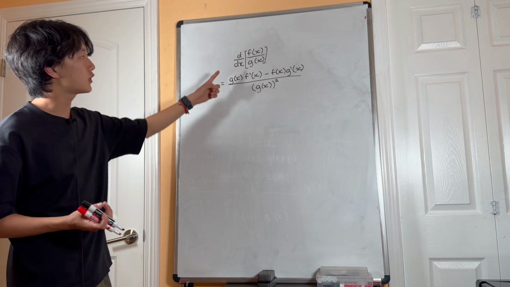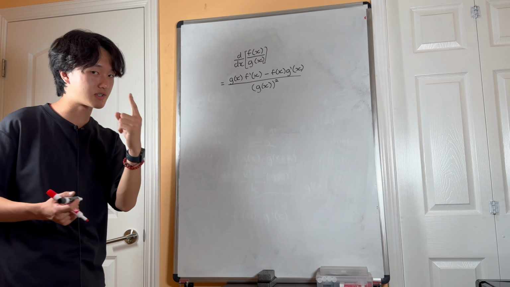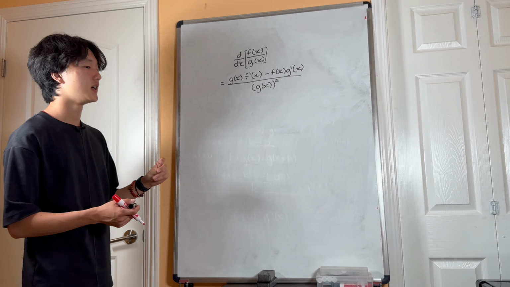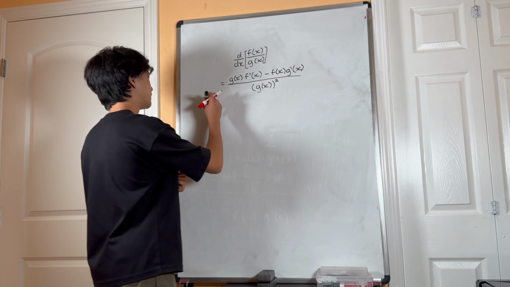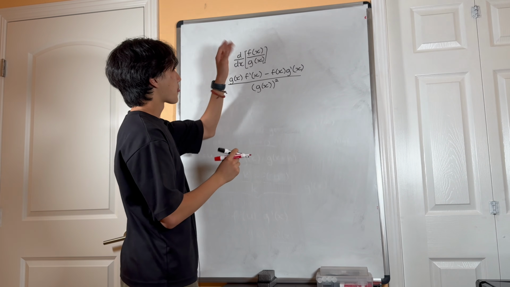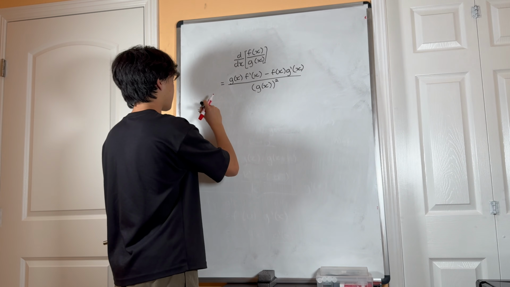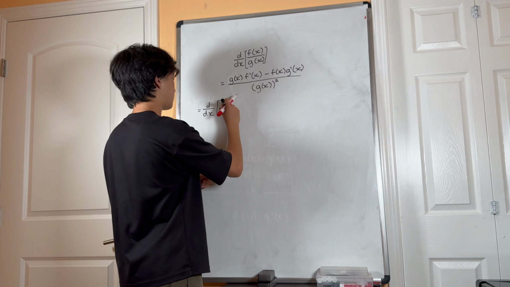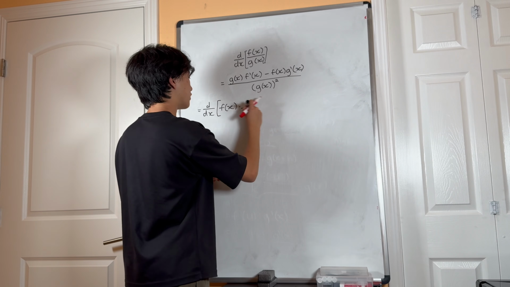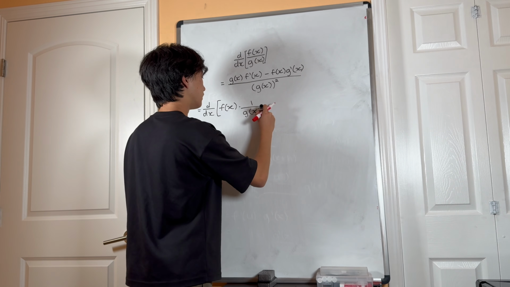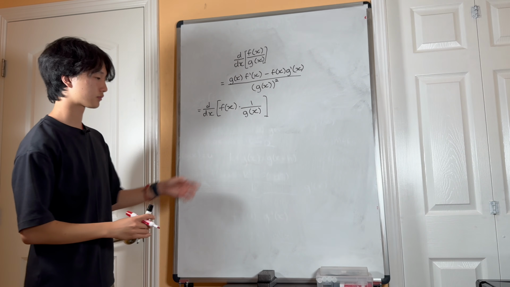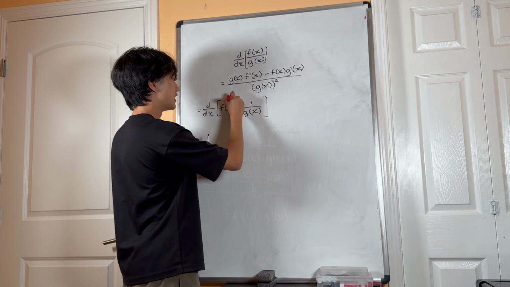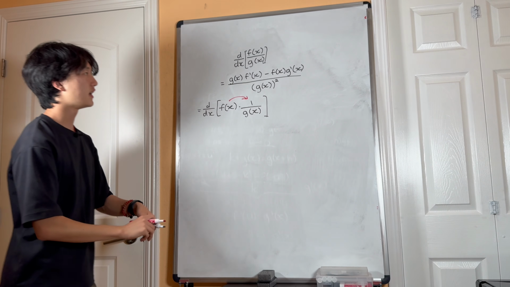Well, we can go ahead and derive it. But we're not going to use the definition this time because that's getting boring. Instead, here's what we're going to do. We can rewrite this as this. We can just take f of x and multiply it with 1 over g of x, because what really happens is that the f of x simply multiplies with the numerator, and it just becomes that.